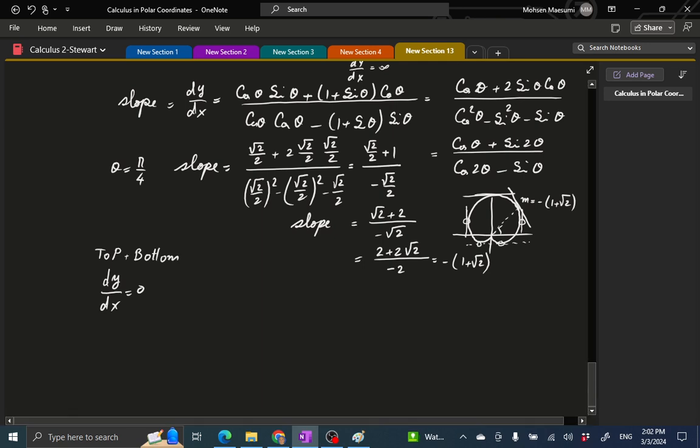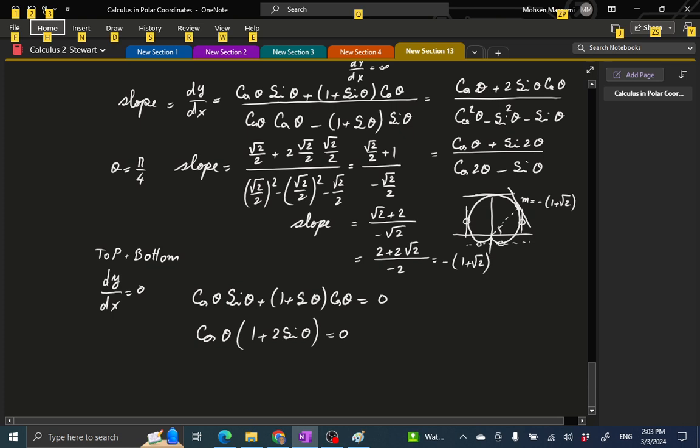Well, the numerator is this one, so cosine theta sine theta plus 1 plus sine theta times cosine theta. I want that to be 0. I might as well factor cosine. Here I get 1 plus 2 sine theta. I want this to be 0. Did I do this right?